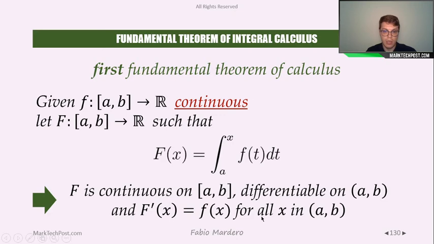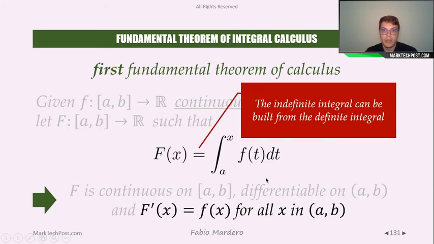So F is an antiderivative of f for all x in [a, b]. So here we are able to get the indefinite integral through the definite integral.